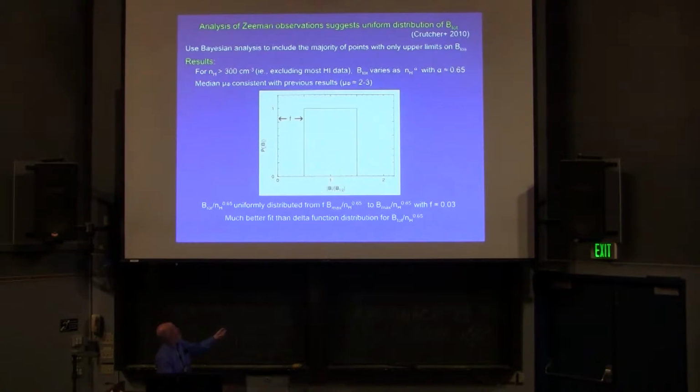And they showed that this square distribution is orders of magnitude better than a delta function. He has verbally told me they also showed it was better than a log normal, but that the details were not in the paper. And they found that F was very small, only about 0.03. What that says is that a significant fraction of the volume in the interstellar medium has a very low magnetic field.